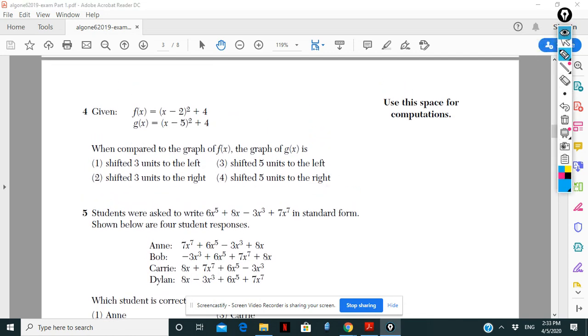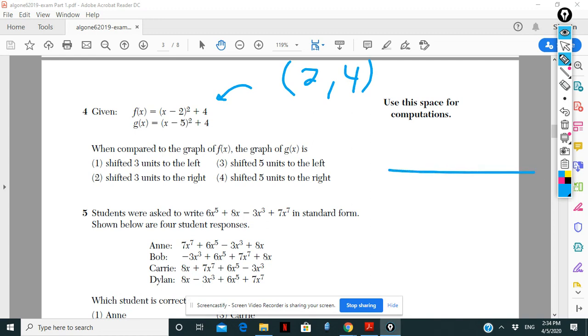Question number 4. He gave me two functions, f(x) equal to (x minus 2) squared plus 4. Here, that's quadratic. h and k are 2 and 4.